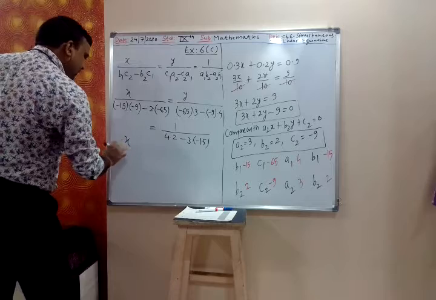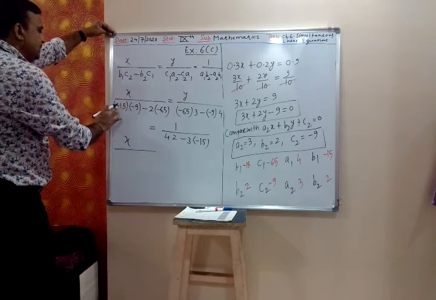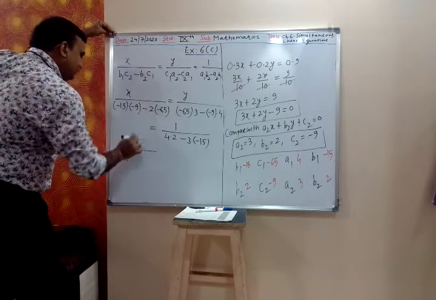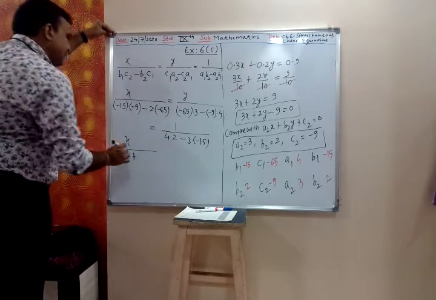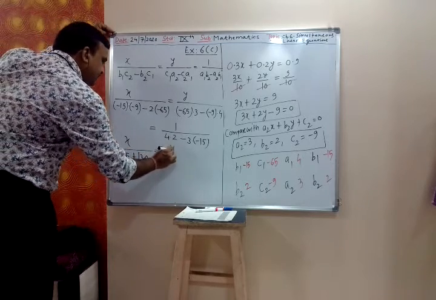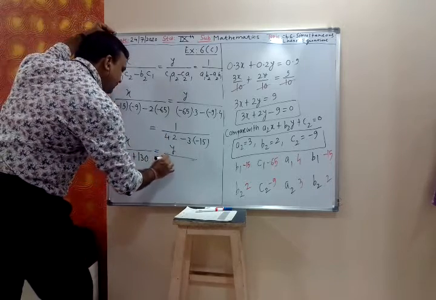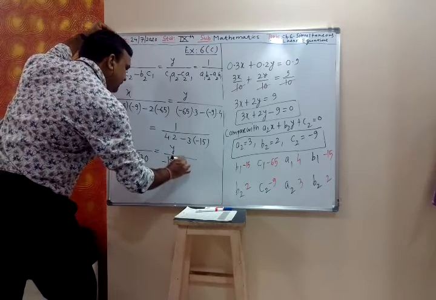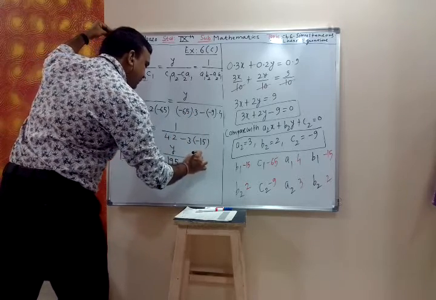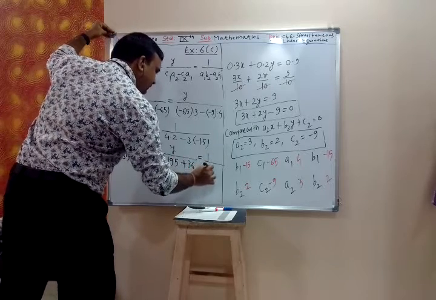So x upon, yes, simplify, x upon minus 15 into minus 9, minus 1 into minus 135, 135, minus into minus plus, this will be 130 is equal to y upon, this is minus 65 into 3 minus 195, minus 195 plus minus into minus plus 36 is equal to 1 upon 8 minus minus plus 45.